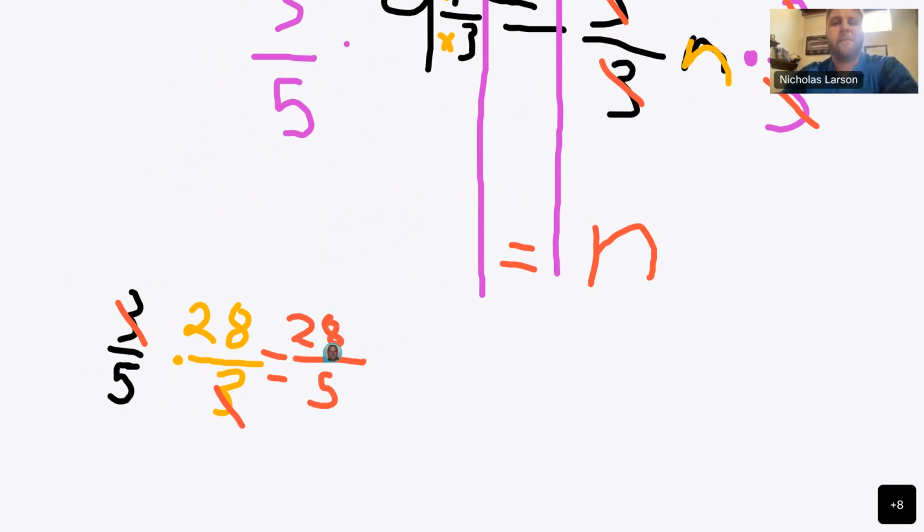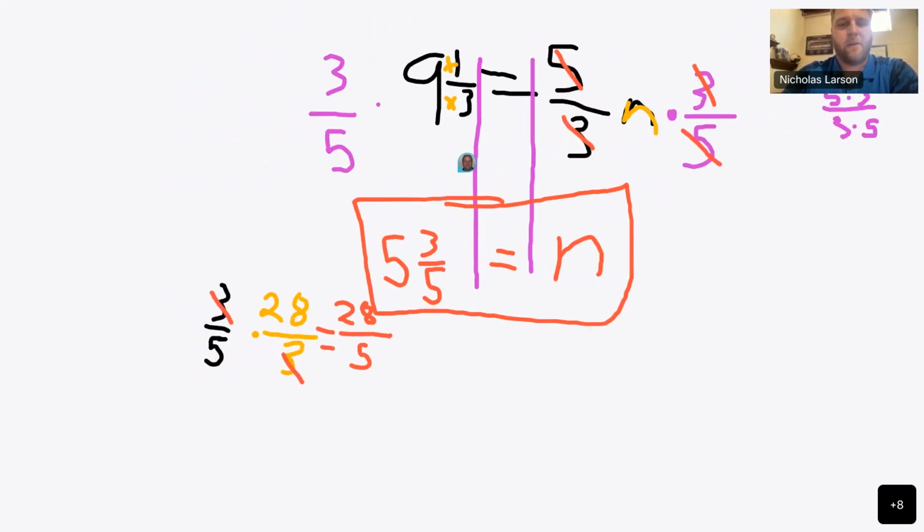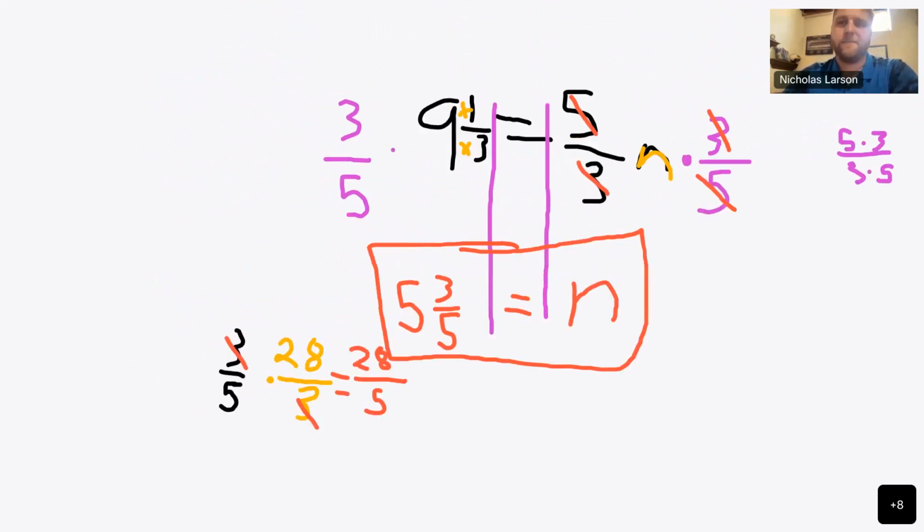How many times does 5 go into 28? 5, 10, 15, 20, 25 with 3 left over. 5 3/5. So again, very similar to what we're doing. The slight difference was we had to multiply by the reciprocal. That's probably as hard as it's going to get for this test.